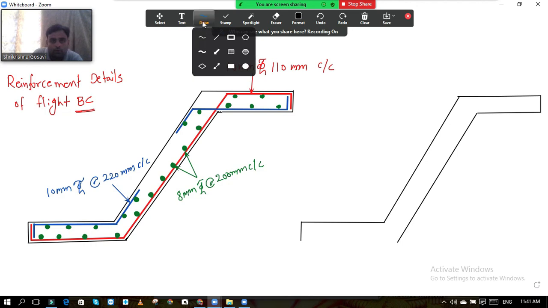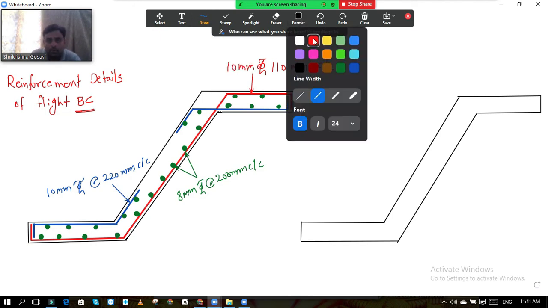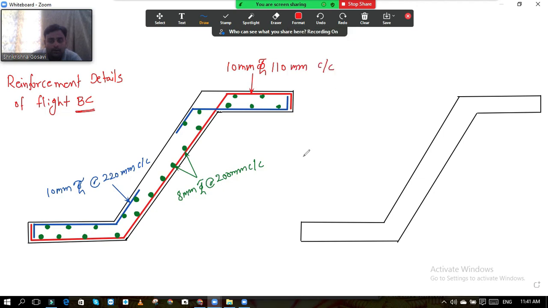Okay. So now the same diagram. Again we will show the main reinforcement by red color. The main steel bars again have the same profile. Now this is for flight AB. This is the main steel profile I am drawing.